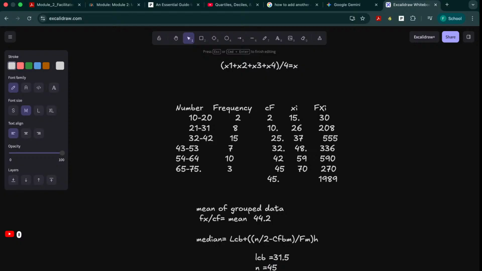So we write it here, CFBM. Then the frequency of the class, so we write it as FM and it equals 15, and you can see it here.